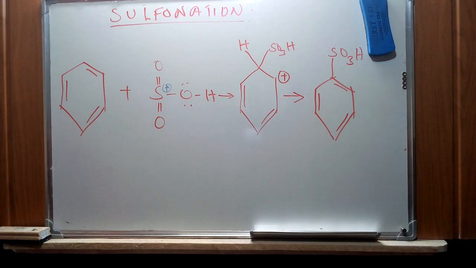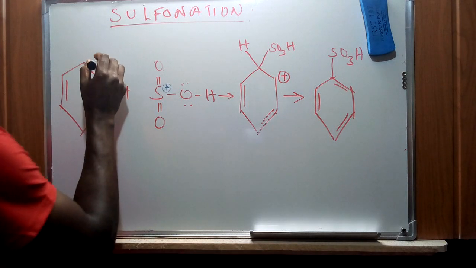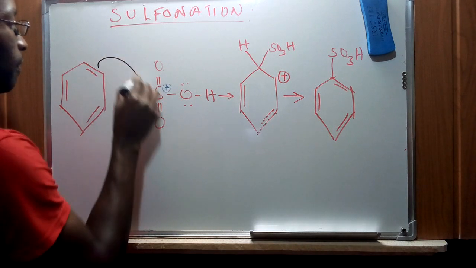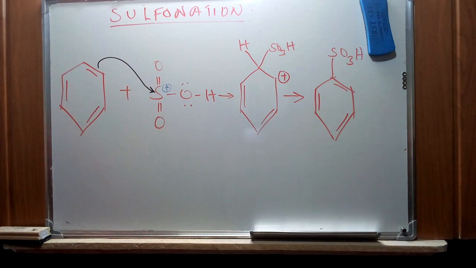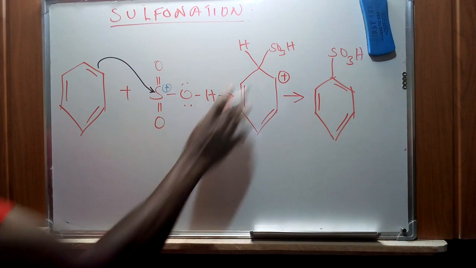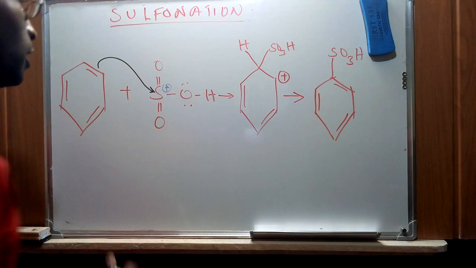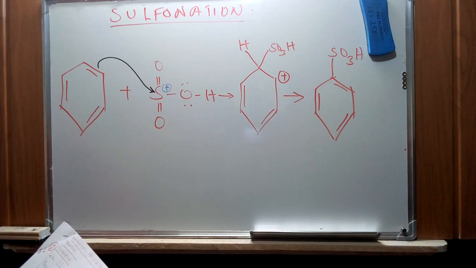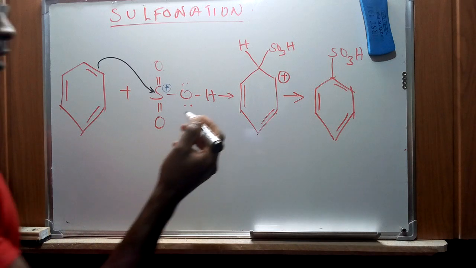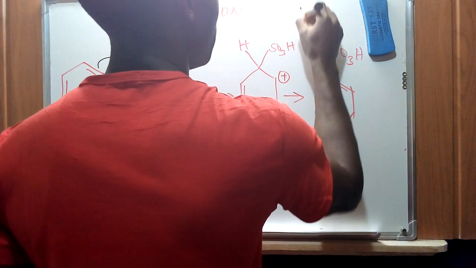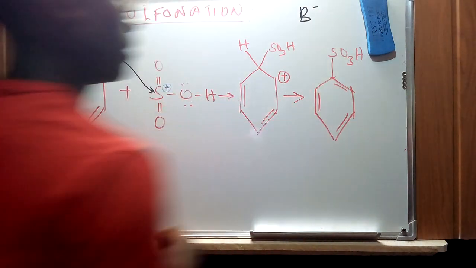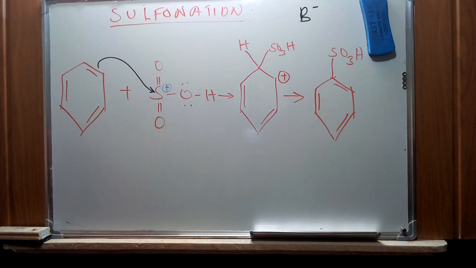We said that first, the carbon-carbon bonds interact with the electrophile in order to form an intermediate species that we have indicated at that point. In that case, of course, we are going to have a nucleophile, which can be from the products in this mixture that we call fuming sulfuric acid.